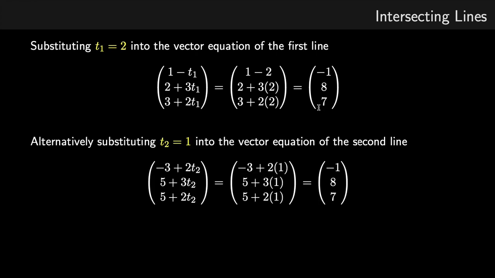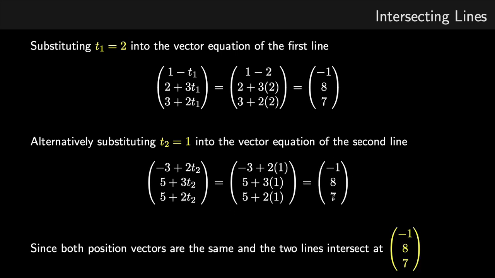And if I do similar for the second line, we saw that t2 was equal to 1, and if I substitute that into the vector equation of the second line, I get the same point. Now, because I get the same point, these two lines must intersect at that point. So that's when lines intersect.